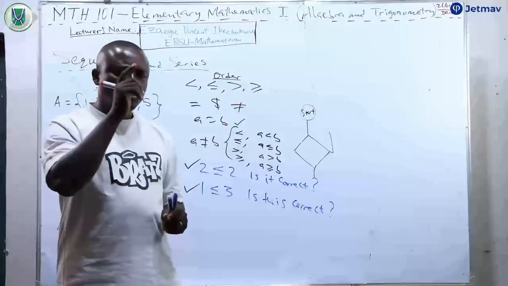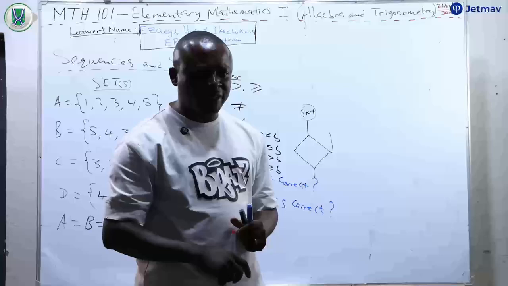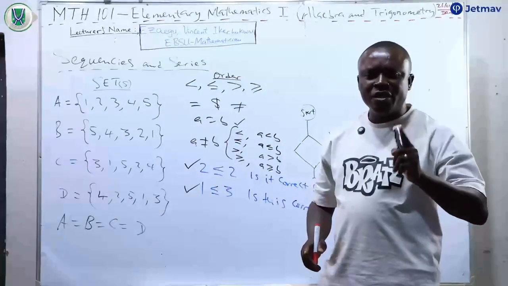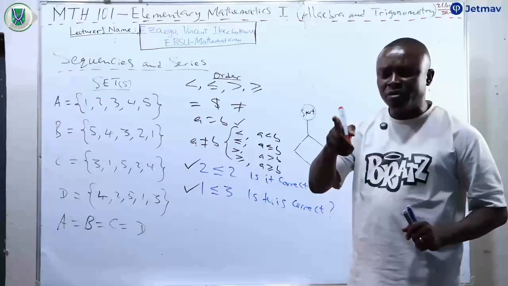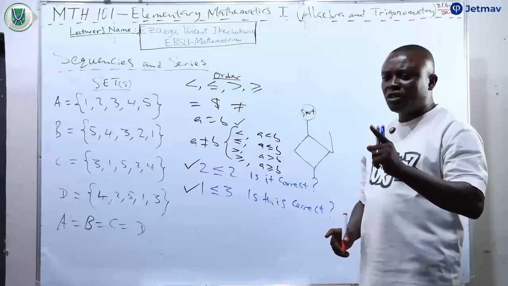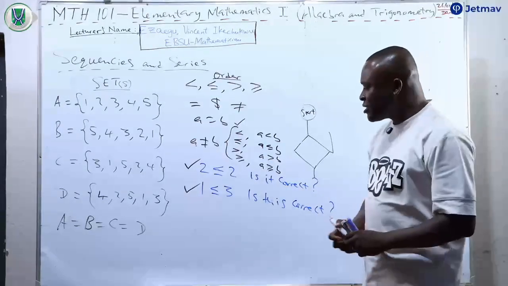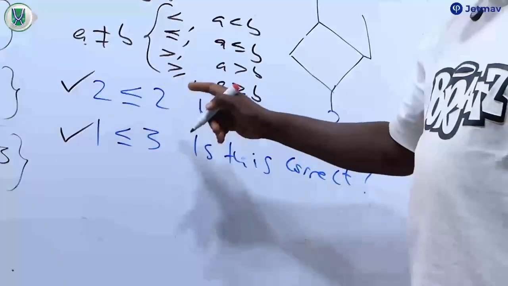Pay attention. You are a male or a female. Is it correct? It is correct. Because I didn't say you are a male and a female. If I had said you are a male and a female, it is not correct. But if you say you are a male or a female, it means either you are a male or you are a female. The statement here goes by 2 is less than or equal to 2.